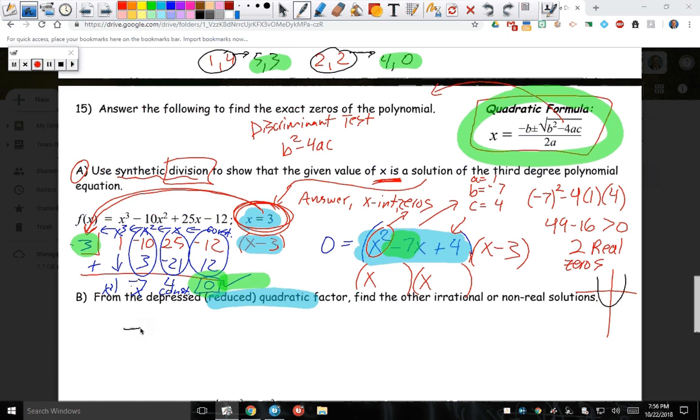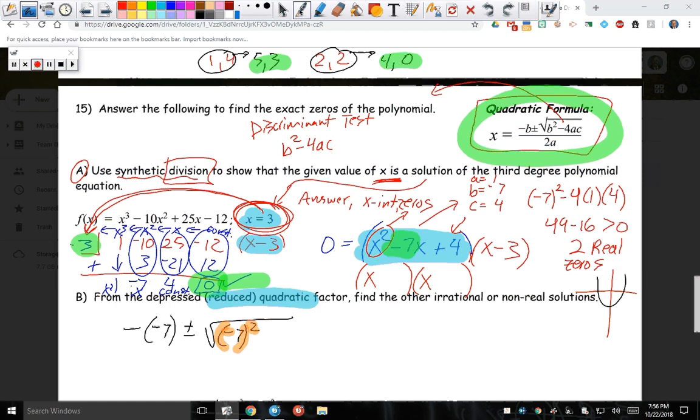We have -b plus or minus the square root of b squared. Be careful with parentheses here or you will miss it. This is, the negative goes in on the inside with parentheses.